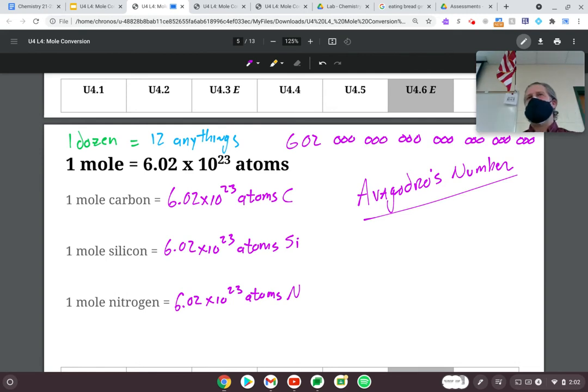People thought he was crazy, but it turns out he was right. So Avogadro said that any volume of gas that is the same as a different volume of gas would have the same number of particles.